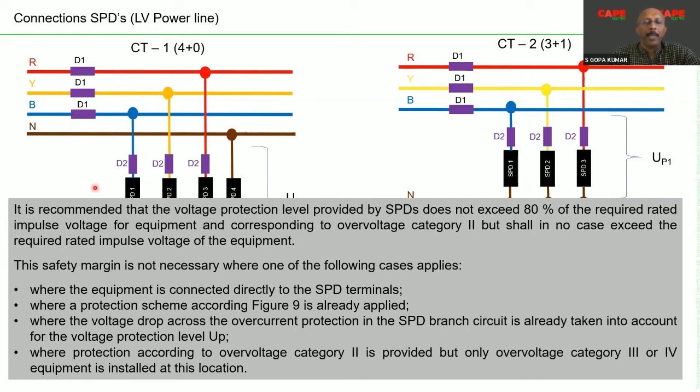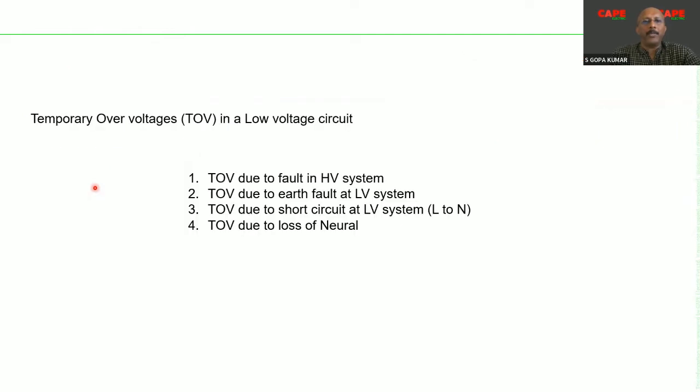The current rating of the SPD is selected based on various parameters. The voltage rating of the SPD is also selected based on various parameters. So in a larger industrial installation, selecting and erecting SPDs is an engineer's job. The person or the company doing it has to be really technically qualified.